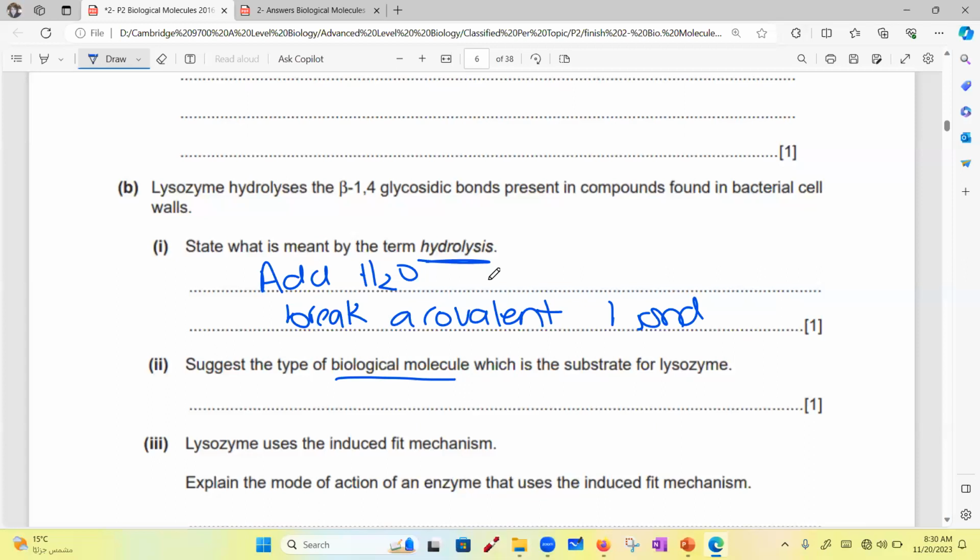Type, I have it here. The lysozyme hydrolyses compounds found in bacterial cell walls. What is found in the bacterial cell wall? The bacterial cell wall is made up of what? Peptidoglycan.